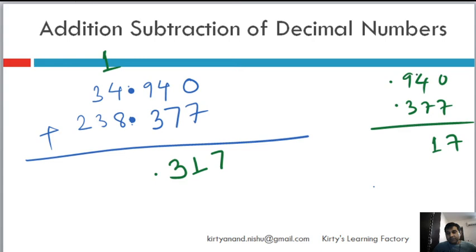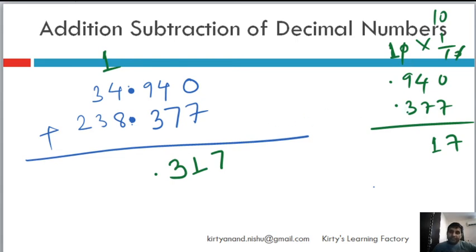Which basically means at the tenths place you're getting 10. So this is the tenths place, right? At one by ten place you're getting 10, so the value will be 10 into 1 by 10, which is 1. So basically your fractions added together are becoming larger than 1, which is why you take the carry on the other side here.